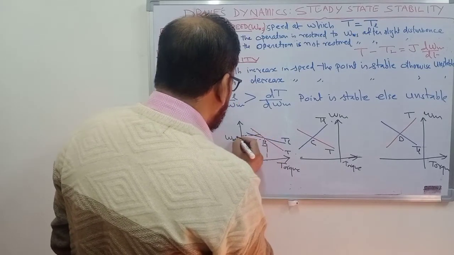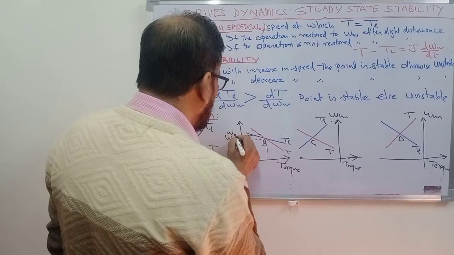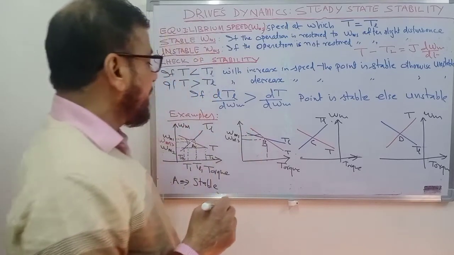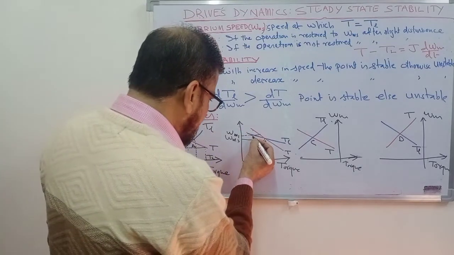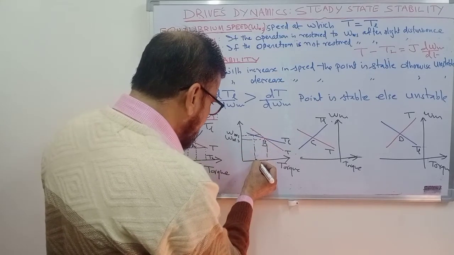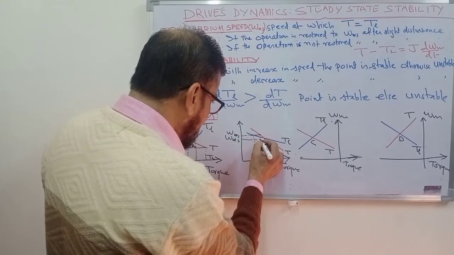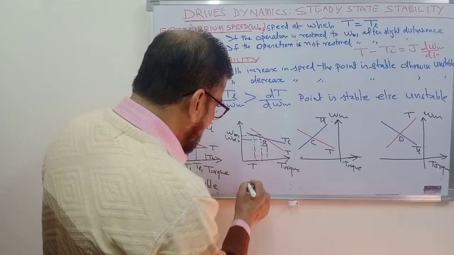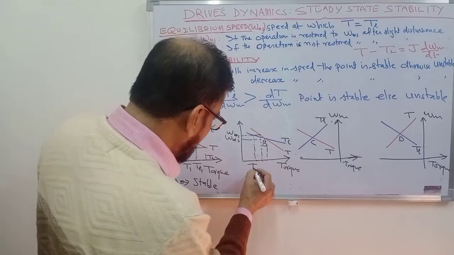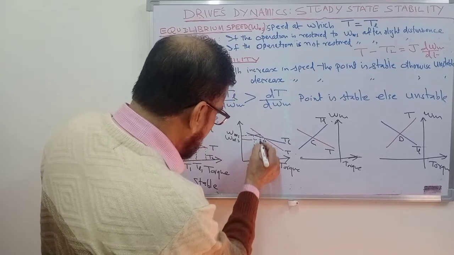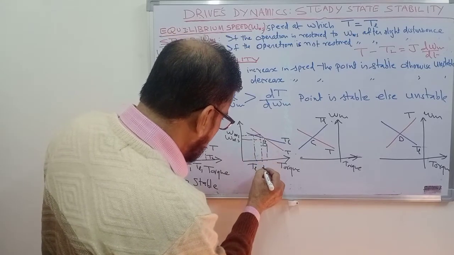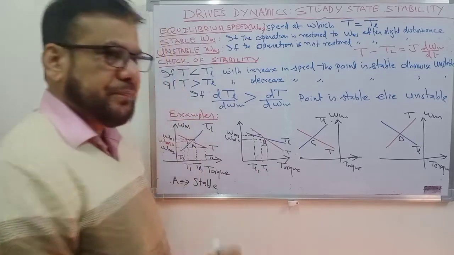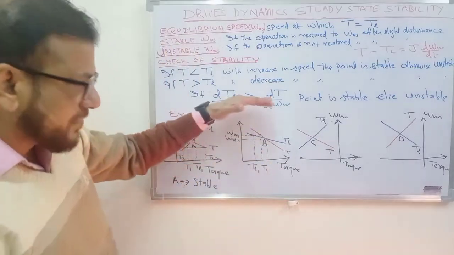So I have increased the speed from omega ms to omega m1, and if this is the speed, then this is the load torque TL1, and this is the motor torque T1.